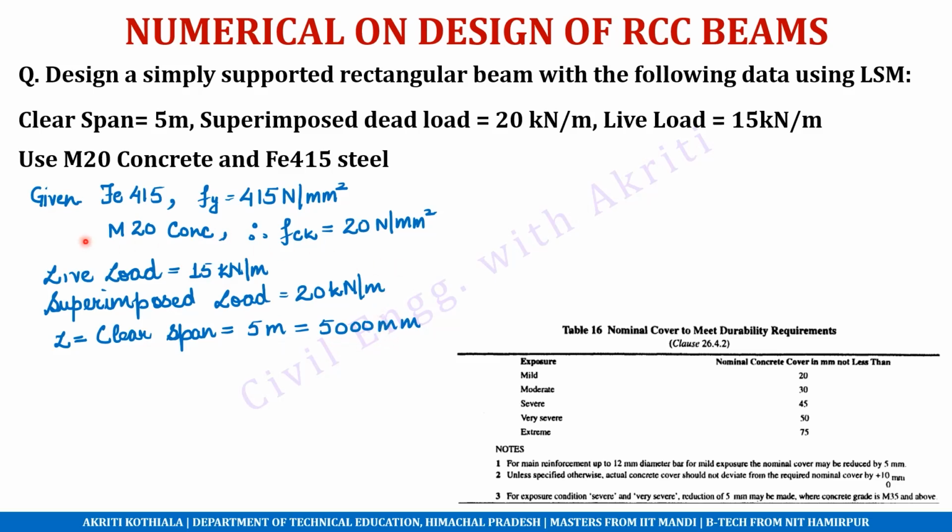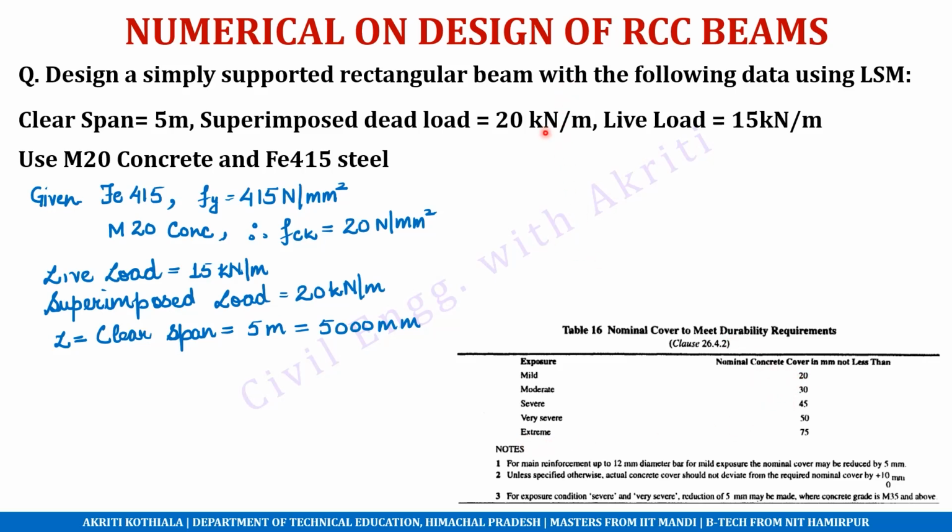Now, it is very important to write the given parts of the question because it makes it easier to start the steps. Now the next part will be nominal cover to meet durability requirements. In Table 16 of IS 456-2000, we have been provided with various exposures, that is mild, moderate, severe, very severe, extreme, and we've been provided the value of nominal cover for each of these conditions.